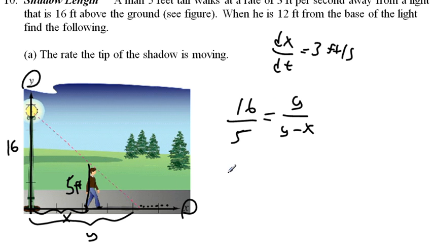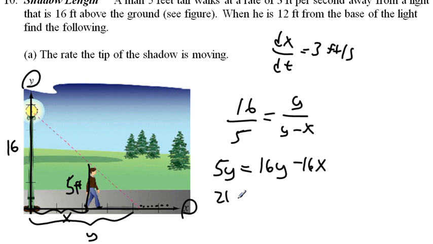So if I cross multiply, 5y equals 16y minus 16x. If I add 16x to that side over there.